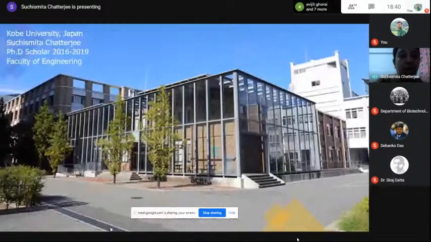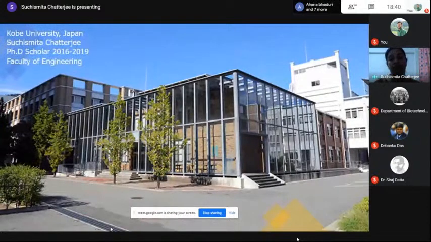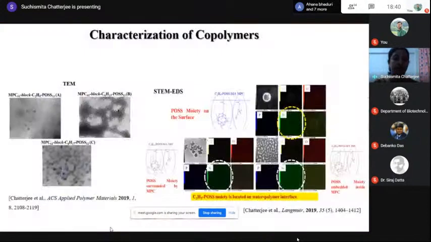And also, when I did my PhD, I developed some kind of material for a drug delivery system. We prepare small micelles and encapsulate the drug, and after encapsulation we studied the release profile and all these things.